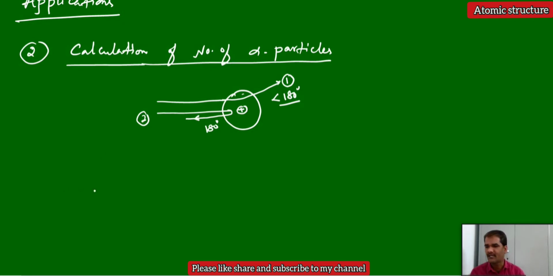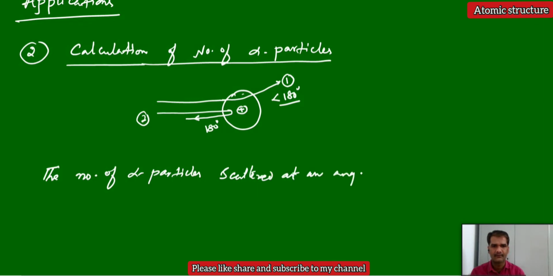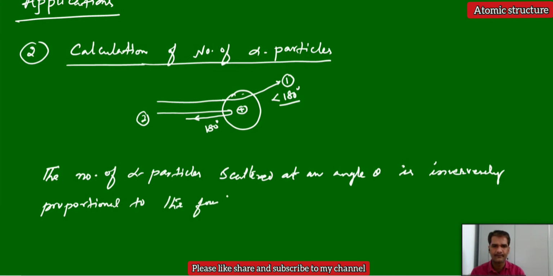From this we can derive one relation: the number of alpha particles scattered at an angle theta is inversely proportional to the fourth power of sin theta by 2.